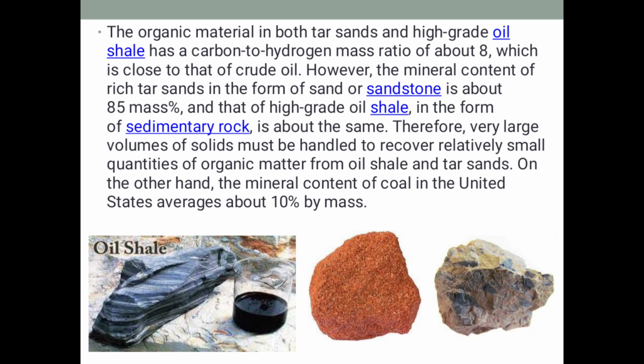Therefore, very large volumes of solids must be handled to recover relatively small quantities of organic matter from oil shale and tar sands. On the other hand, the mineral content of coal in the United States averages about 10% by mass.